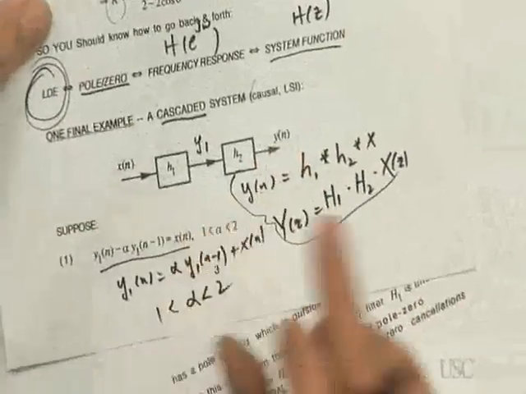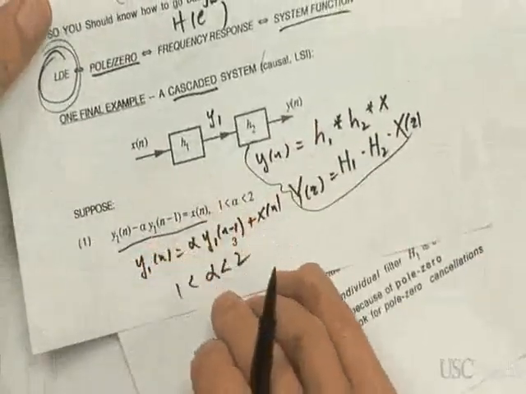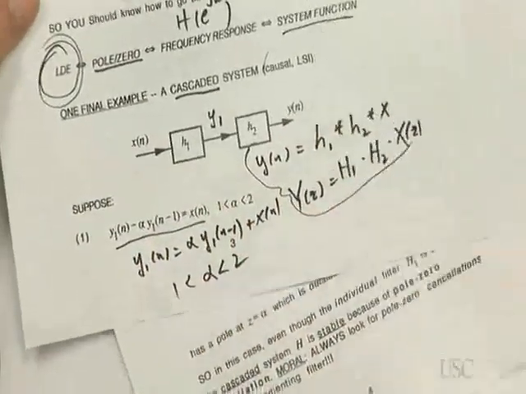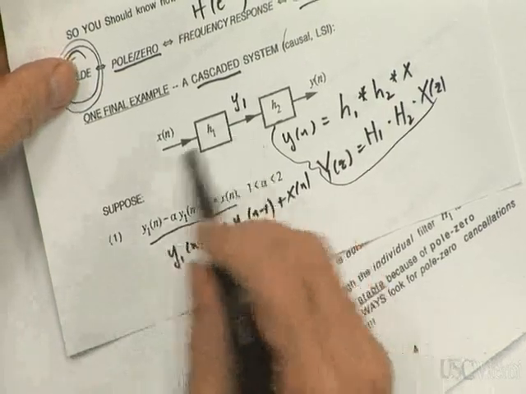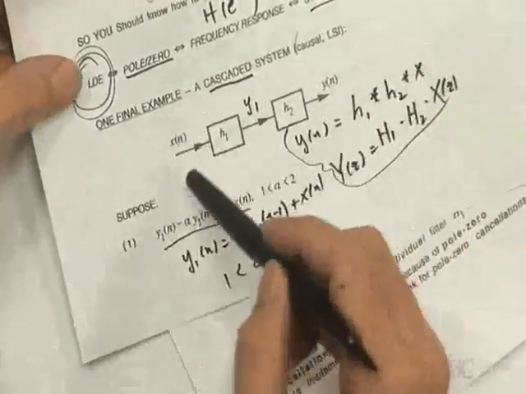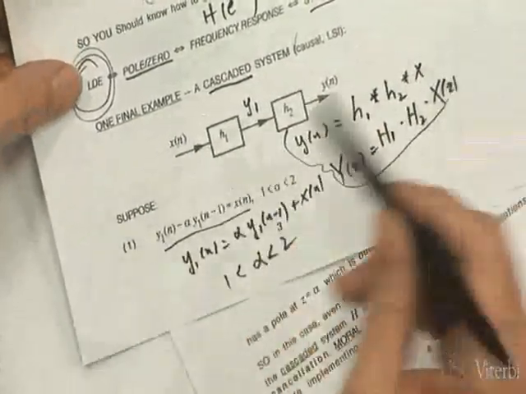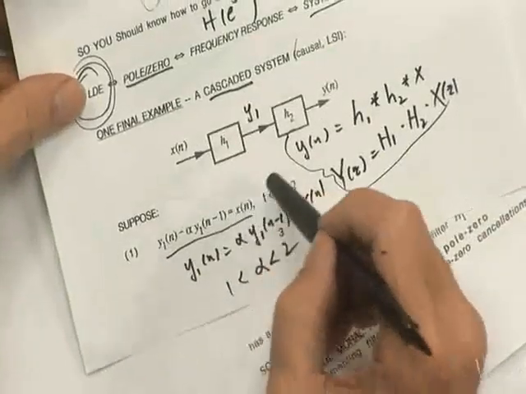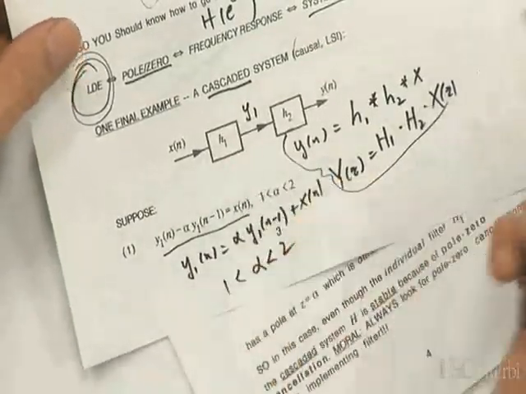Now, I show you this example for a big reason. If you see a problem like this on the midterm or any place, do not, I repeat, do not try to solve this by doing this trick of, well, let's see, let x of n equal delta of n.